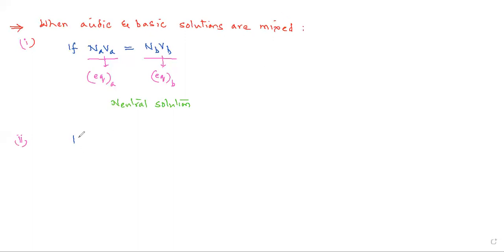Next, if NaVa is greater than NbVb, say this can be given as an acidic solution.